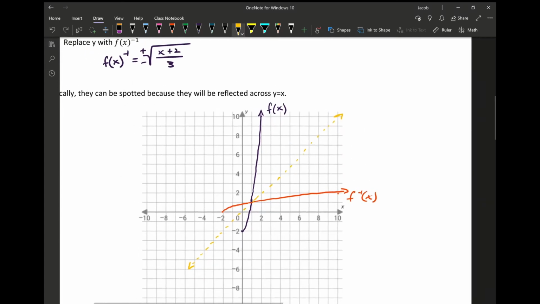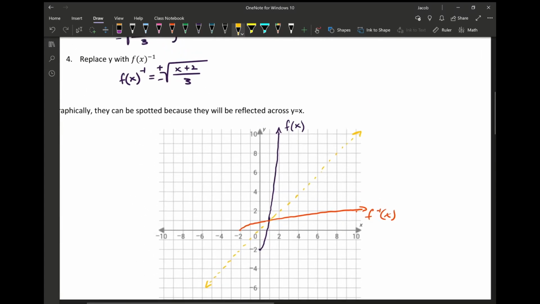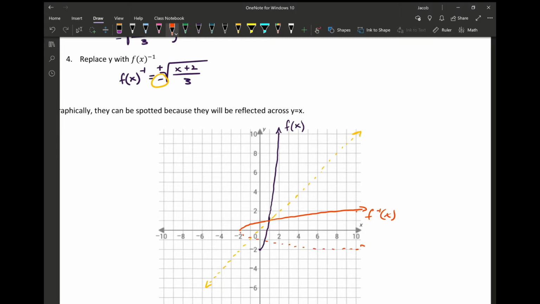Now, notice here, I didn't include the negative version of this radical that I found for my inverse function. In fact, this radical function, if I was going to just put in the dashed line for it, is not a function because it fails the vertical line test. So we don't want to include that piece.